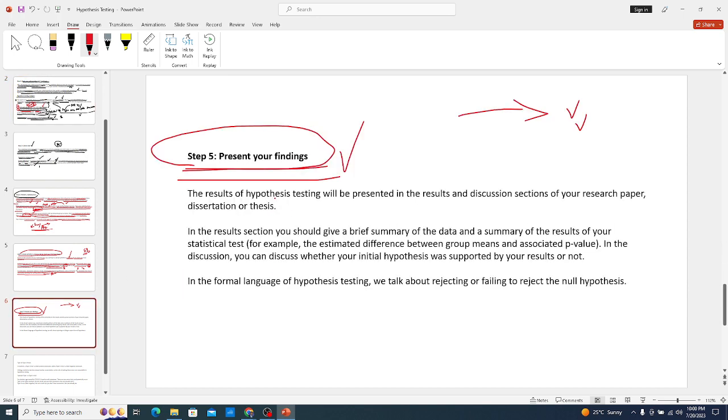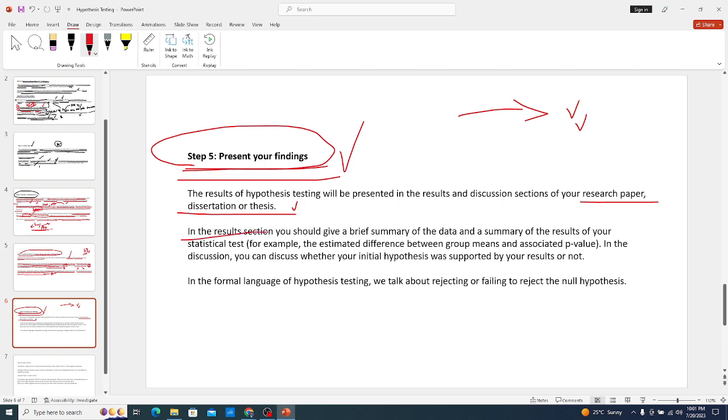So the results of hypothesis testing will be presented in the results and discussion section of your research paper, dissertation or thesis.